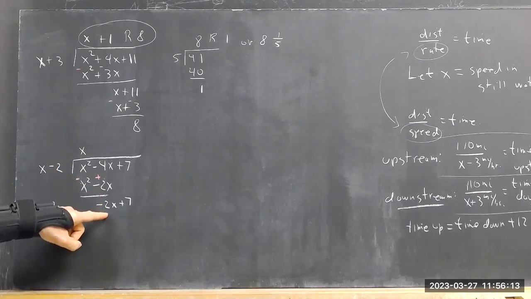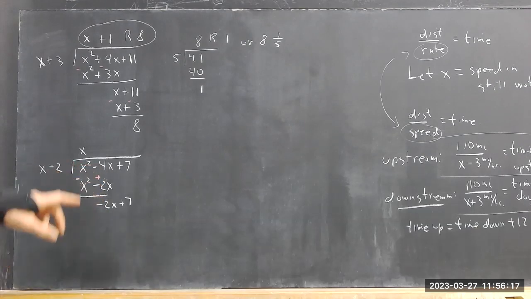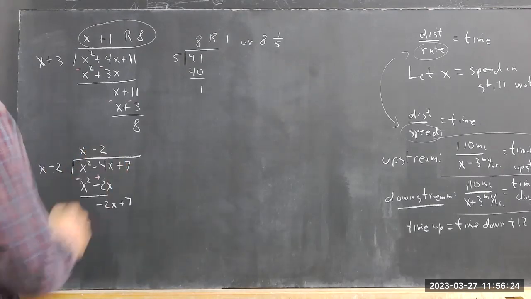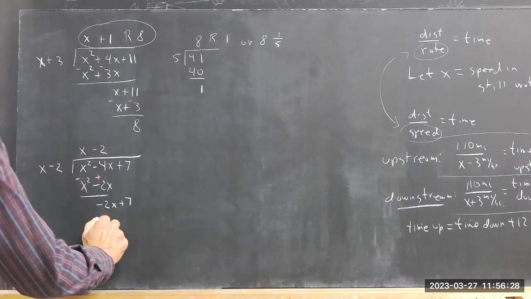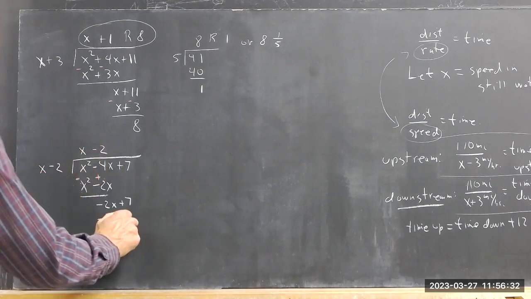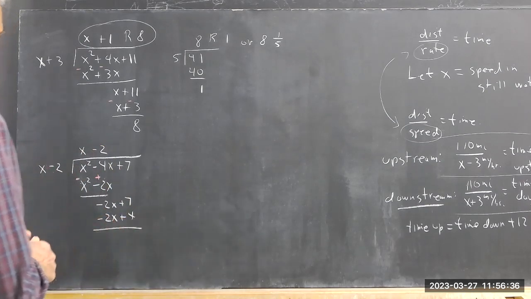Now we need another -2x to get that -4x. So what we have to do now is we do a -2. So we have a -2, then we're going to get the -2x that we need. But we're also going to get a plus 4. It's -2 times -2, plus 4.